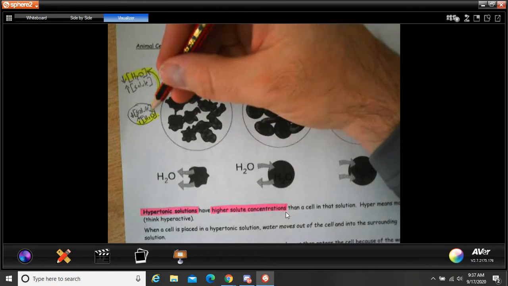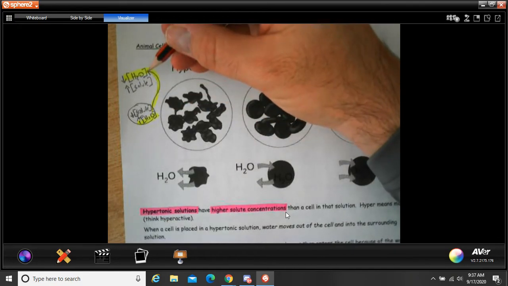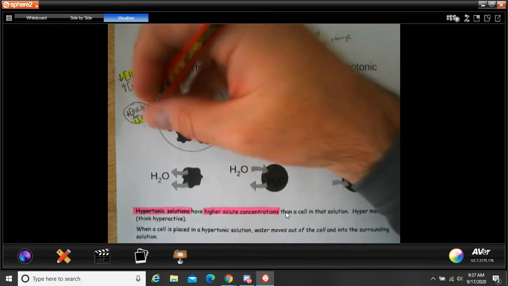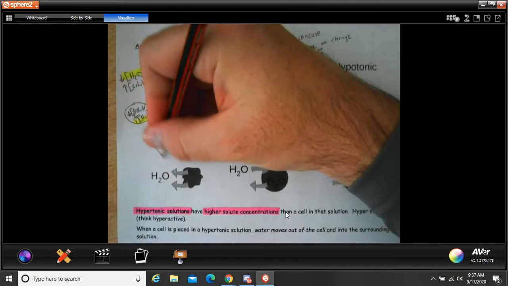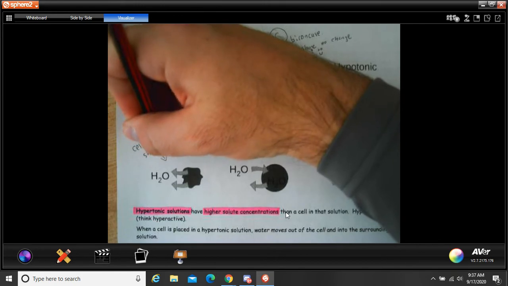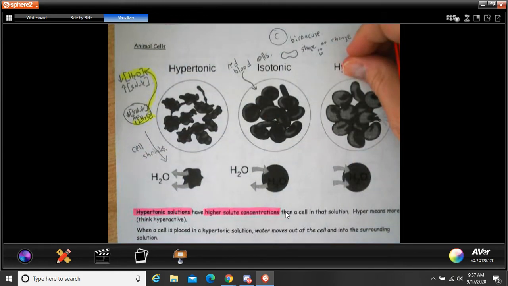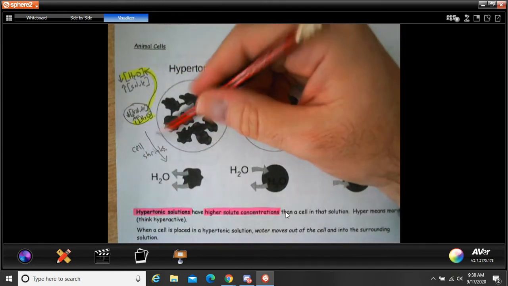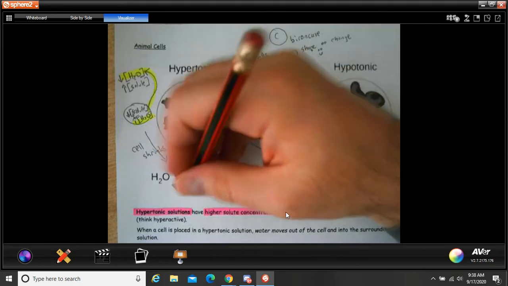Now, when water is leaving the cell, that means that the cell is going to get smaller, and you end up with something like this. Okay? The cell shrinks, because water is leaving the cell. Okay? This changes the shape.